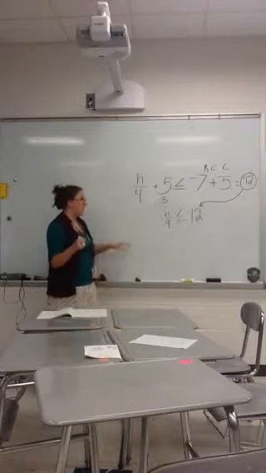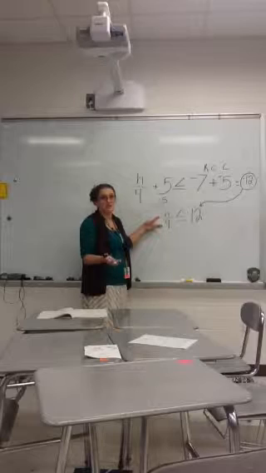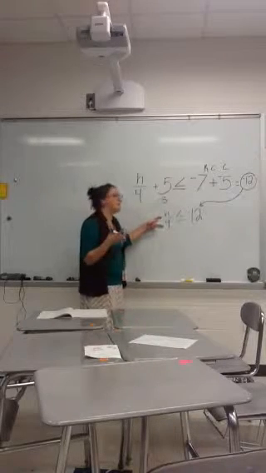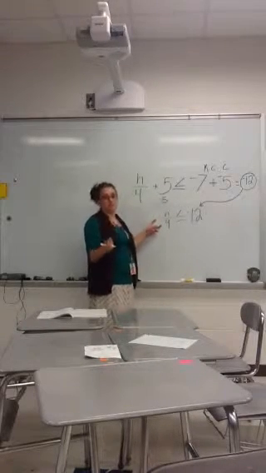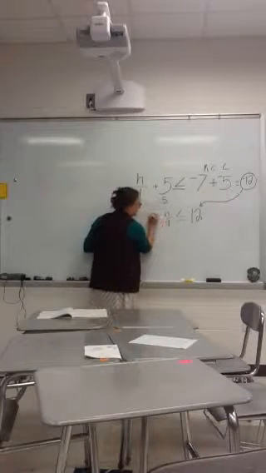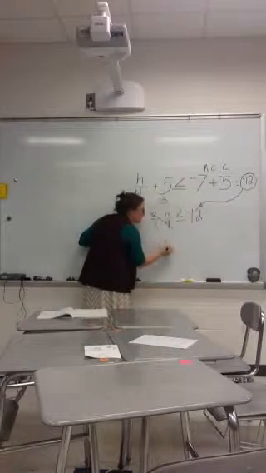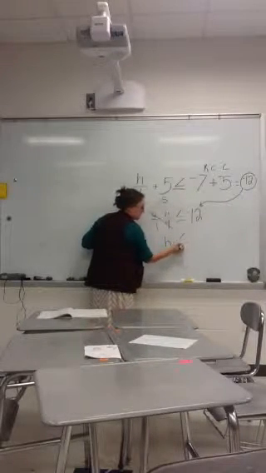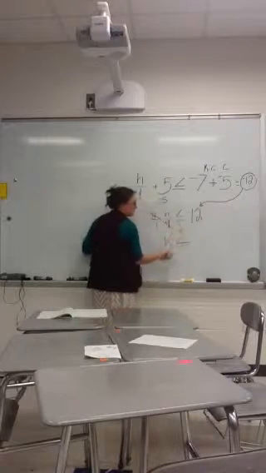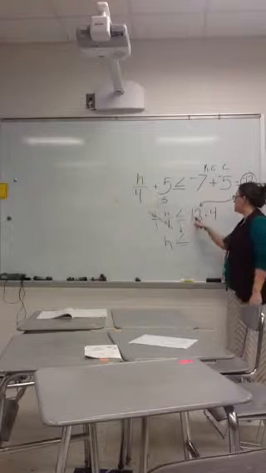Now, these two are joined by what math operation? Division. So the opposite of division is multiplication. So we're going to now multiply by 4 on both sides. This cancels out and leaves us with 1h. Bring down our sign. And then we're going to multiply by a 4 on this side.